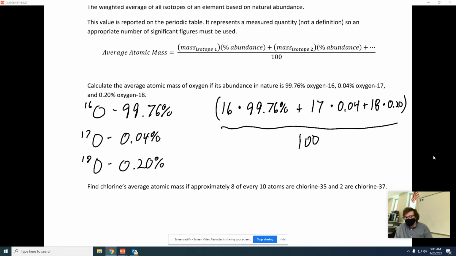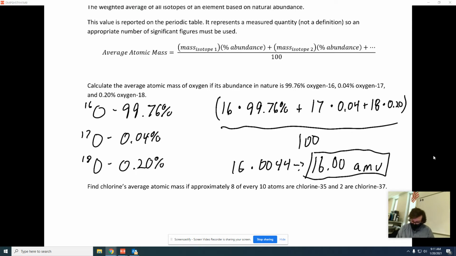And then I'm going to divide that entire thing by 100, and then I would get the average atomic mass of 16.0044, which we are going to round to 16.00. And our unit here is atomic mass units when we are finding our average atomic mass. So that's going to be my final answer here.